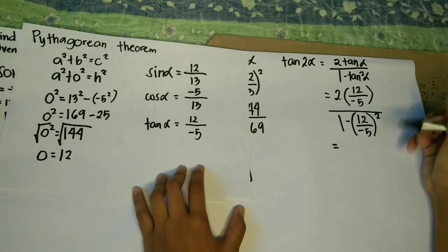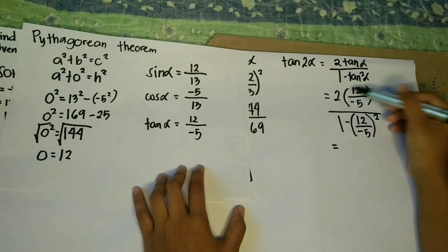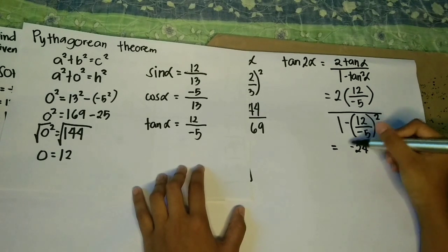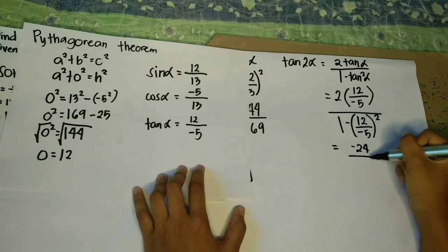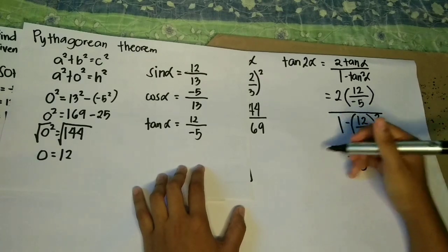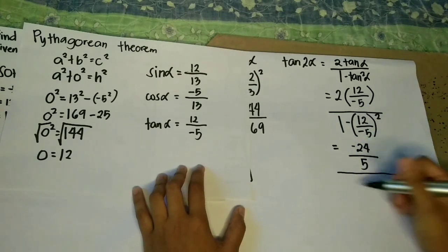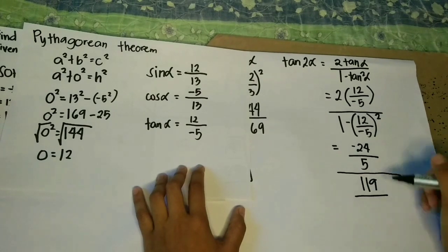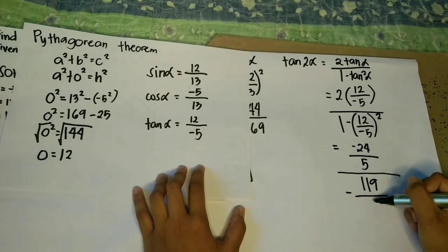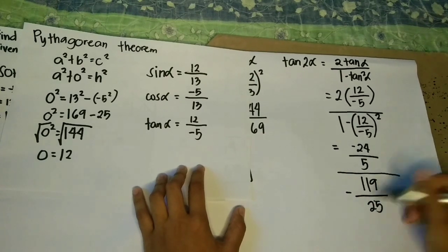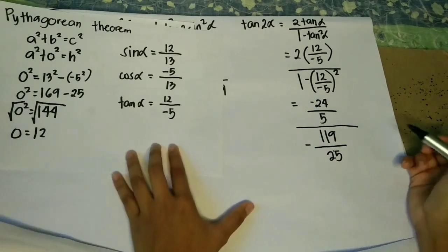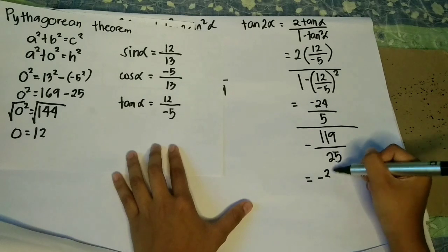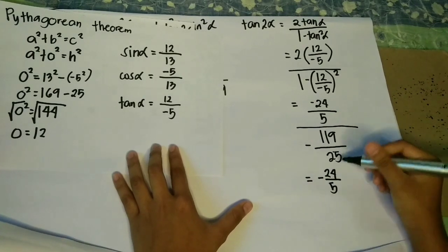So it will be 2 times 12 is equal to negative 24 all over, copy the 5, so it will be negative 24 over 5. Sorry, I put that in the top. So the second one is 12 times 12 equals 144, 25 minus 144 gives negative 119. Then negative 5 times negative 5 is 25.